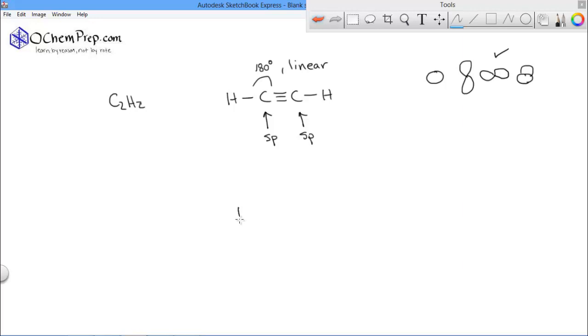When we look at the bonding, let's draw the sigma bonds first. So here are the sigma bonds. Sigma bonds look like hot dogs. In other words, when you skewer a hot dog along the axis and spin it, that's called sigma symmetry.